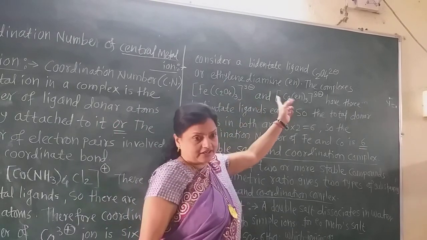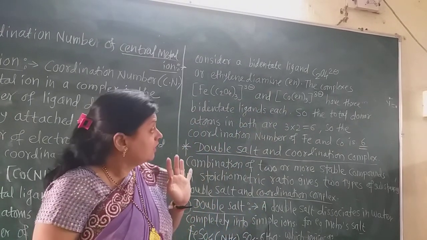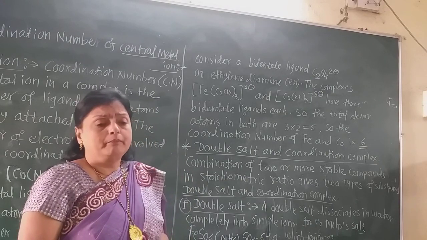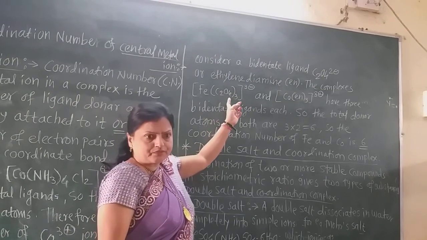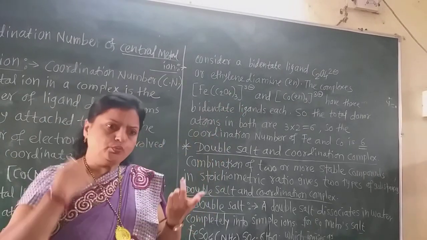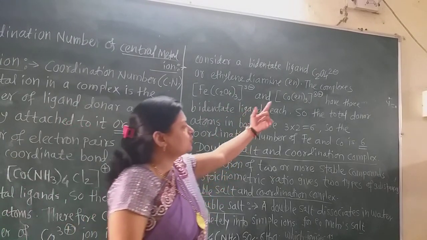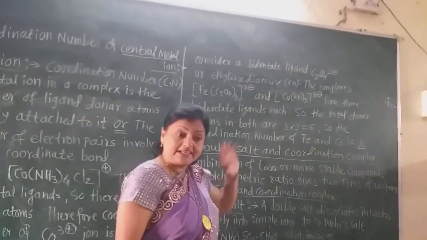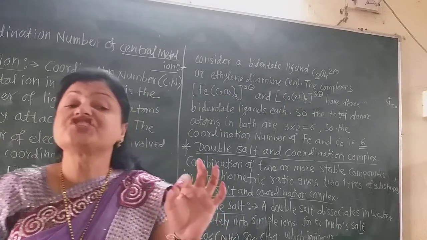So what will be the coordination number? Because there are 2 donor atoms each, multiply 3 by 2 to get 6, and here also 3 by 2 is 6. So in both these complexes the coordination number is 6.